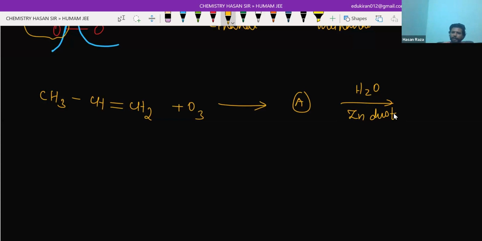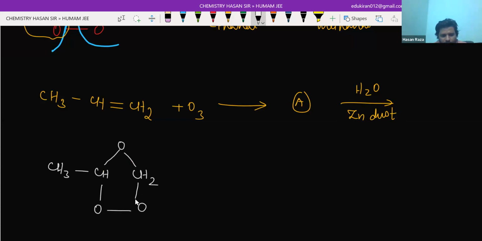Are you getting my point? This is the question. Now what you are going to do, Humam, is write CH3CH CH2 and make a home like this along the double bond. Like this.